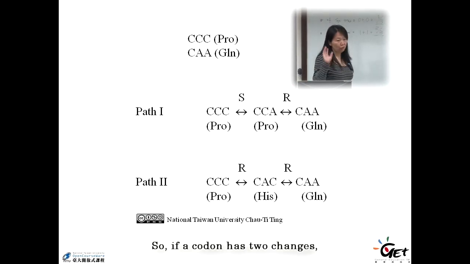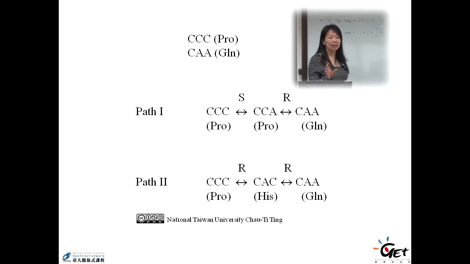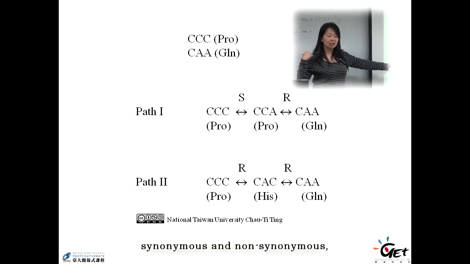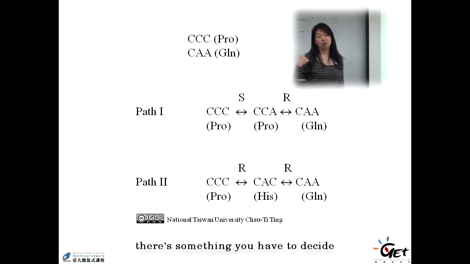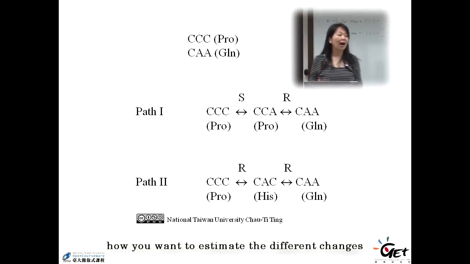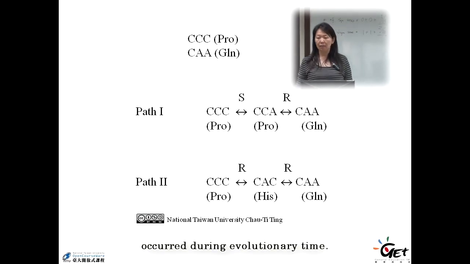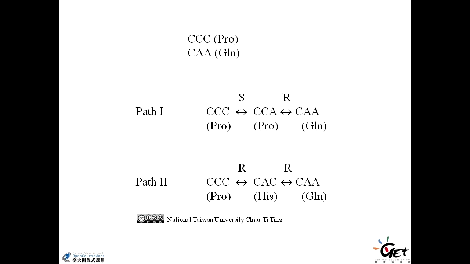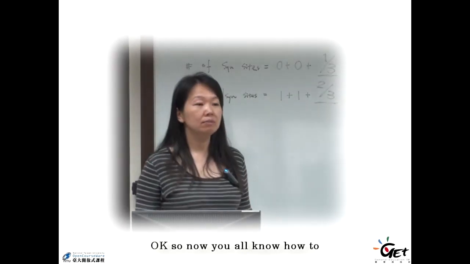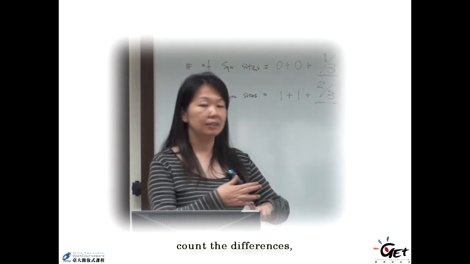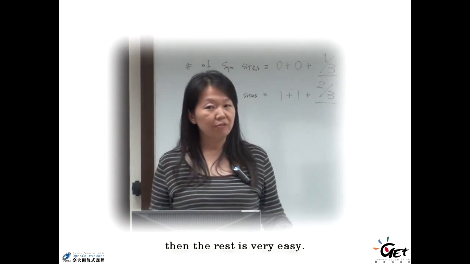But so if a codon has 2 changes, that's something in addition to synonymous, non-synonymous, you have to decide how you want to estimate the different changes occurred during evolutionary time. Okay, so now you all know how to count the number, count the differences, then the rest is very easy.